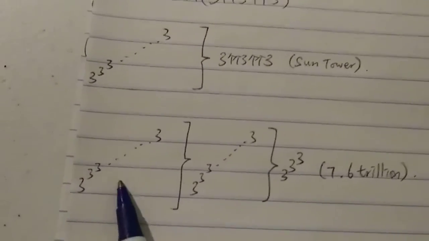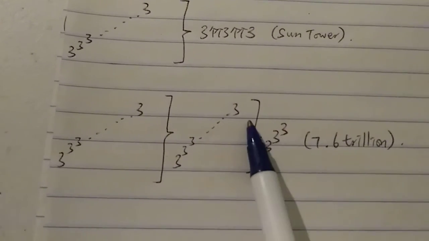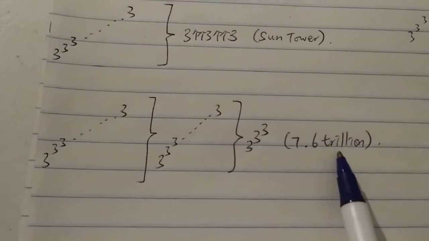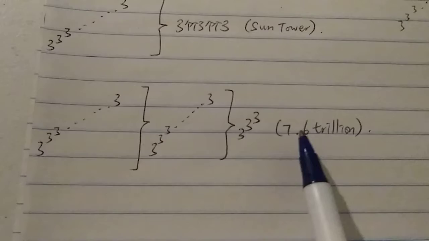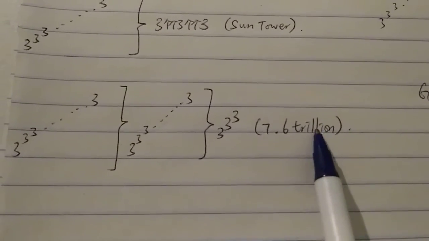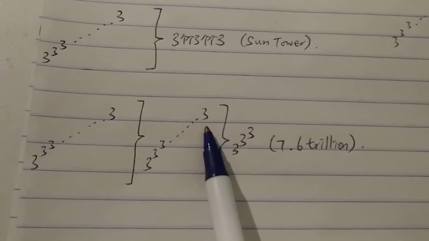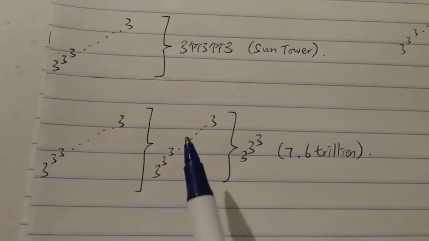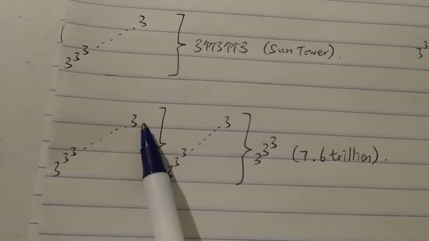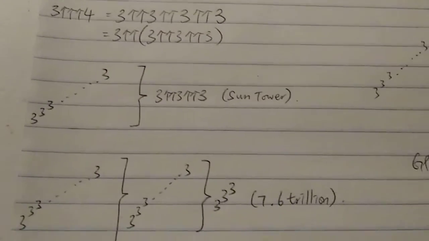Another way to look at it is 3 to the 3, a power tower of 3s, which is this high, and this tower is 7.6 trillion levels high, because 3 to the 3 to the 3 is around 7.6 trillion, which is a big number already. This power tower of 3 has this number of levels, and after you calculate it, that number represents the number of levels of the power tower here, and this final number is equal to 3 triple arrow 4.